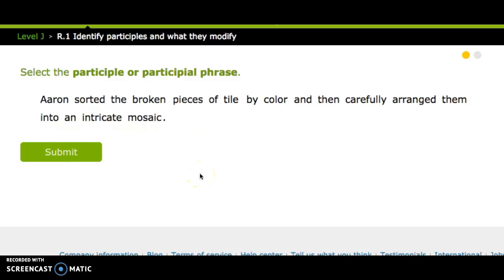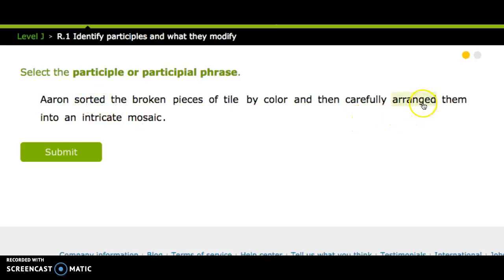Aaron sorted the broken pieces of tile by color and then carefully arranged them into an intricate mosaic. So, I don't see any ing words. So now we have to look for some ed words or en words. Sorted is acting like a verb there, so that's not a participle.